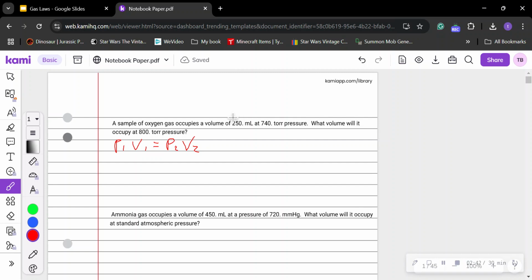So we start off with 250 milliliters. So this is V1, and this is our P1 because that's the pressure we start off at. This is our P2. So we're looking for our V2.